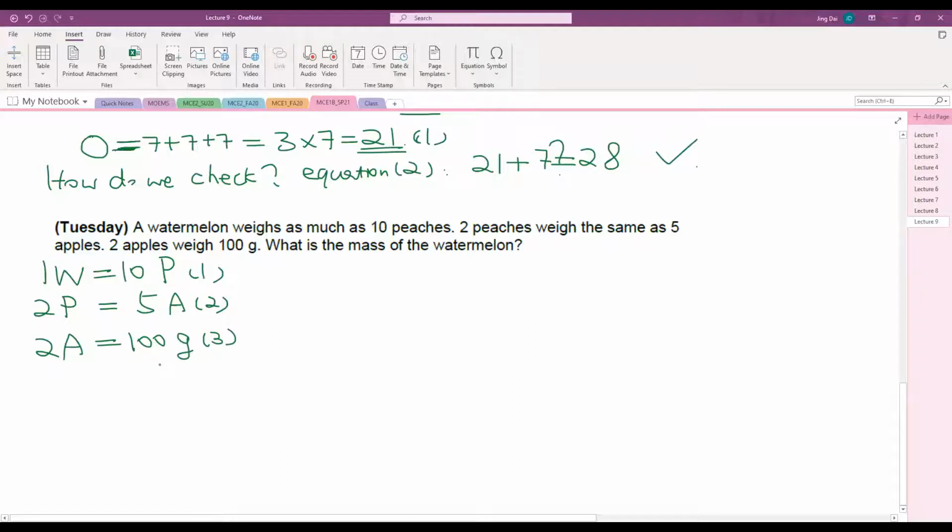Okay, Ethan Roberts, did you do this homework problem? Yes. You did? Okay, so what is your starting point looking at these 3 equations? Okay, first write that watermelon equals 10 peaches.